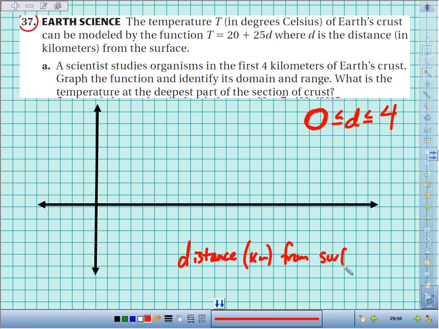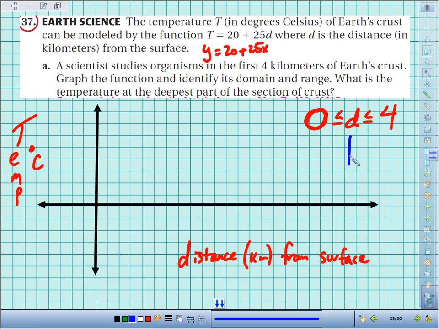And the reason I'm putting it down here instead of on the side is because if we think of T equals 20 plus 25d, think of it as Y equals 20 plus 25x. Our x, or our D variable, is the control variable. That's going to be on the x-axis. Over here we've got T, which is going to be our temperature in degrees Celsius.